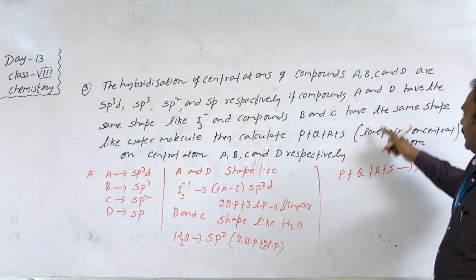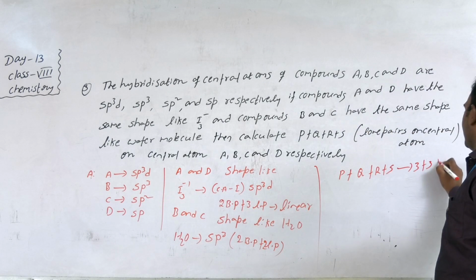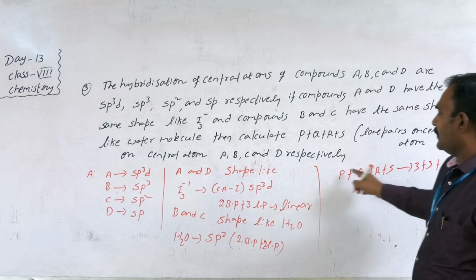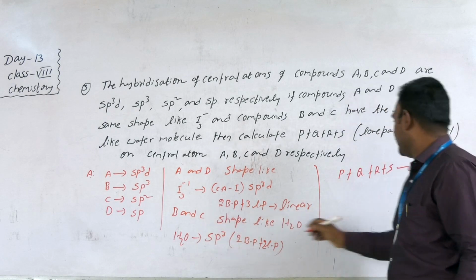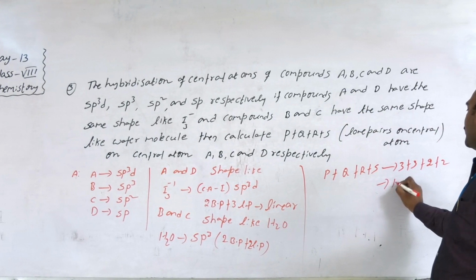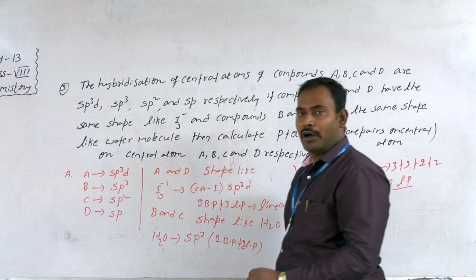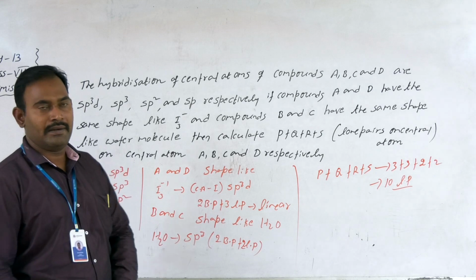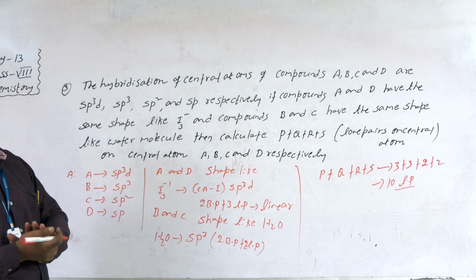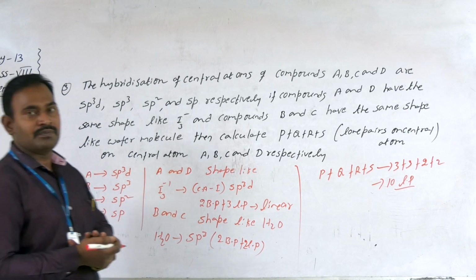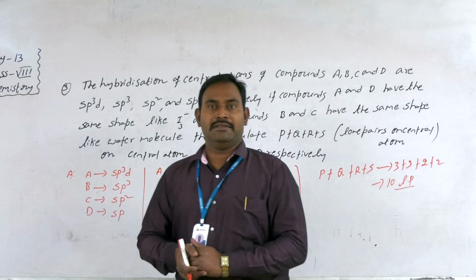Next, D, 3. Next, the number of lone pairs in compound B, 2 lone pairs, and in compound C, 2 lone pairs. Then total becomes 10. So here 10 lone pairs are present in the 4 compounds on the central atoms.